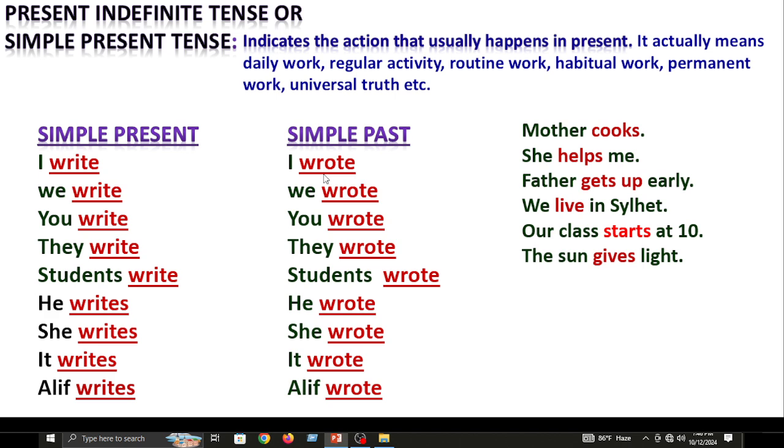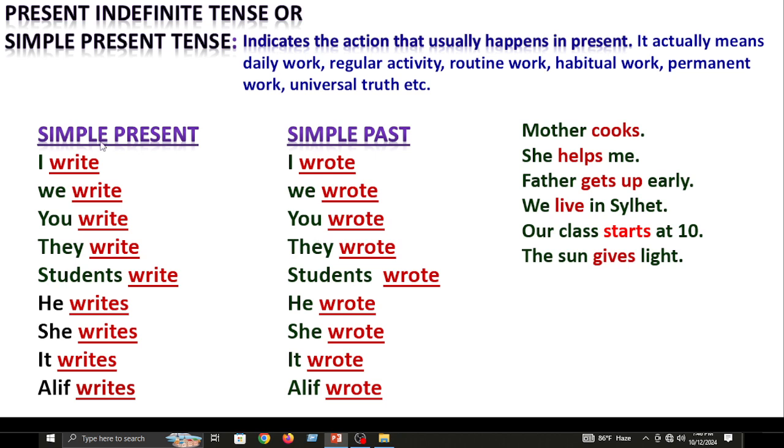Simple past, I wrote, that means I wrote yesterday, I wrote some days ago. We wrote, you wrote, they wrote, student wrote, he wrote, she wrote, it wrote, Alif wrote.